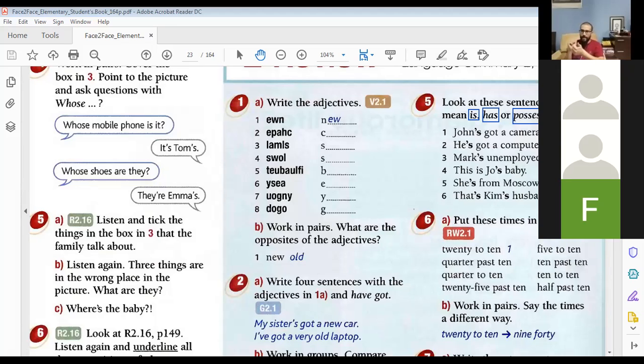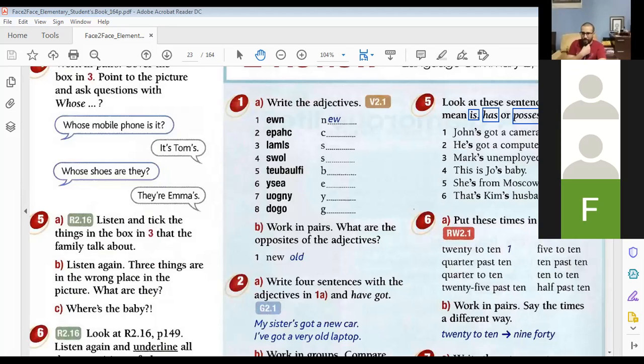You're right, Manan. What about number 3? Let's see, Fatima, what do you think? Mark's unemployed. Mark is, verb to be. So the second one here we have has. Let's write has. And here we have is, verb to be. What about number 4?